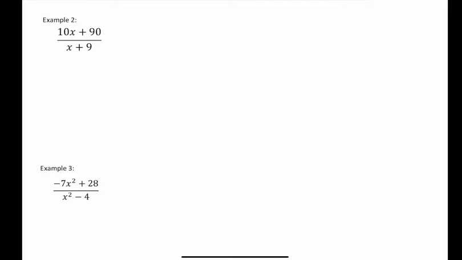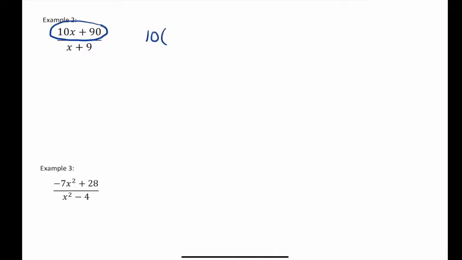Now, moving on to example 2. This one is not like the first example where we had monomials. In this example, we're going to look for a possible GCF that we can pull out of 10x plus 90, especially in the numerator. This task will be a lot easier if you take the greatest common factor out. The greatest common factor of 10x and 90 is 10.